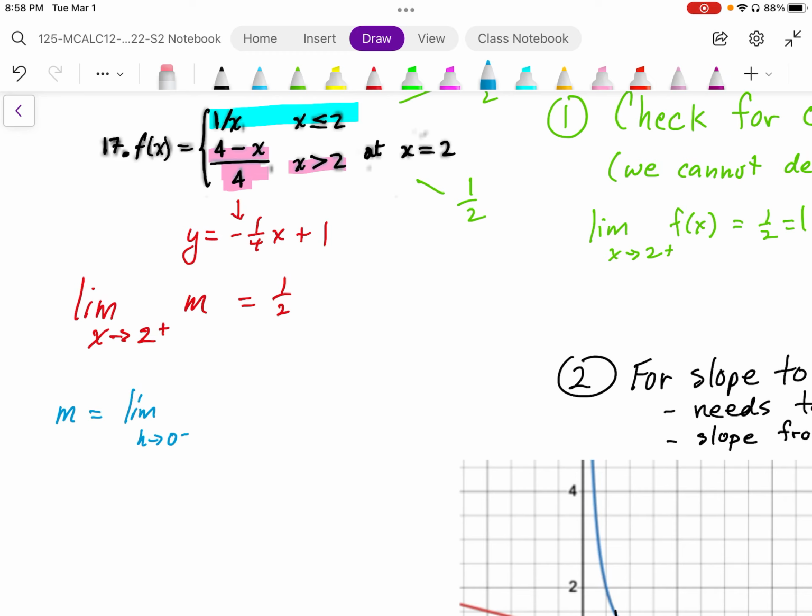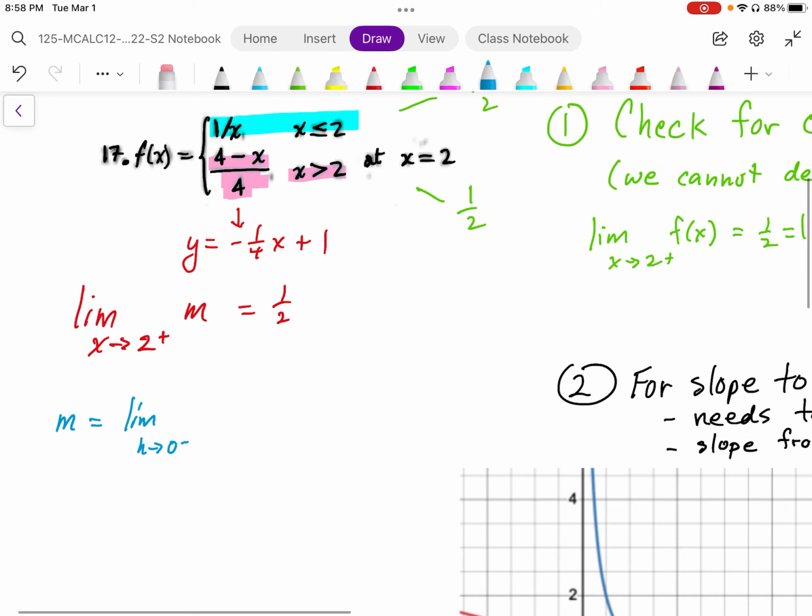We're going to use a slope ratio: 1 over 2 plus h, because we know that the coordinate is at 2, minus 1/2. That's going to be y1 minus y2 all over h.